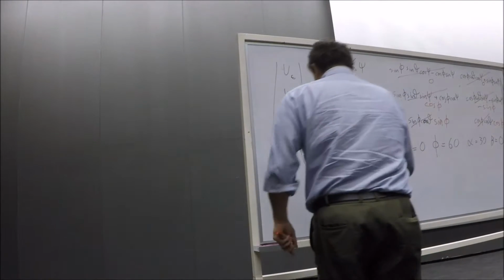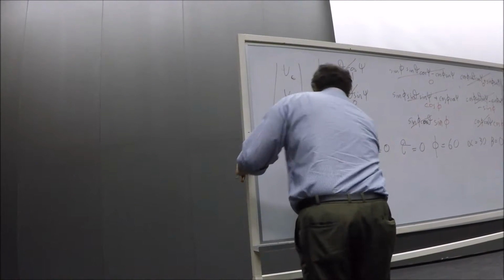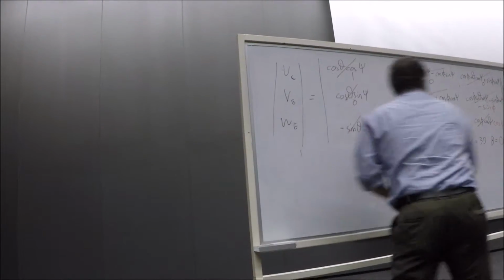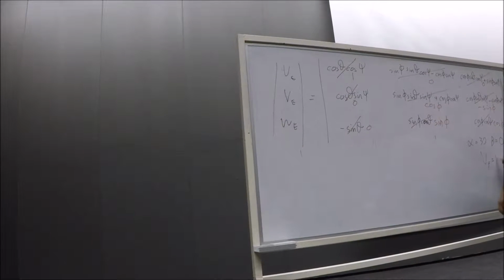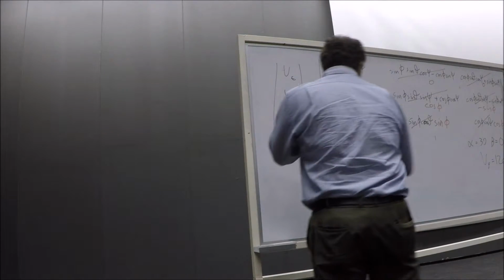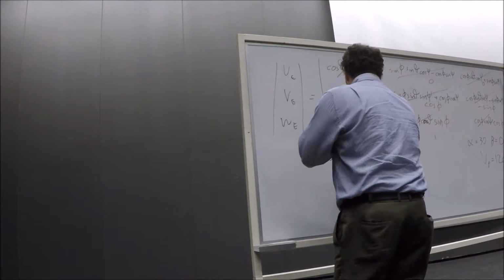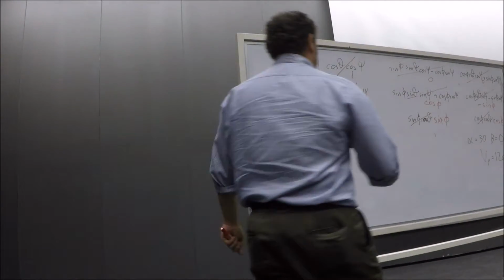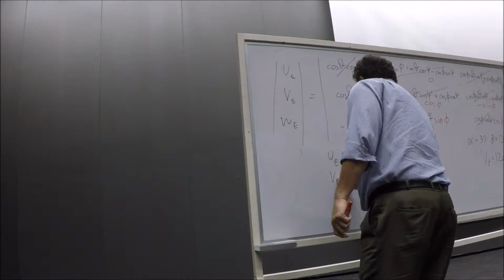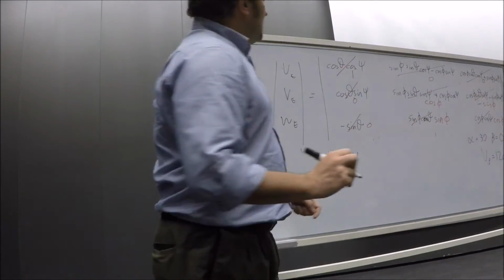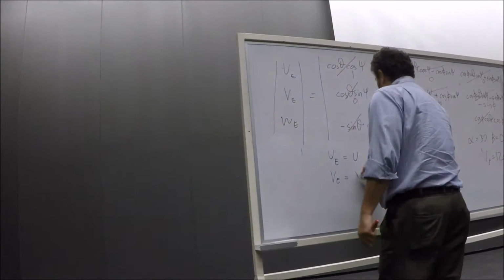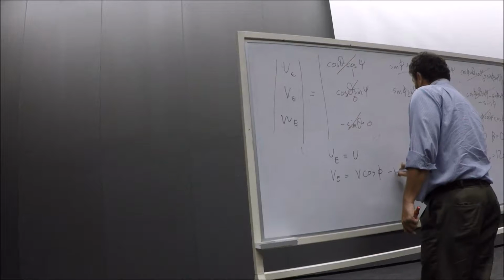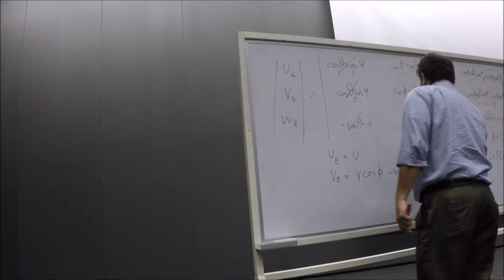So for UE, we have that it is equal to U. For VE, we have that it is equal to V cosine phi minus W sine phi.